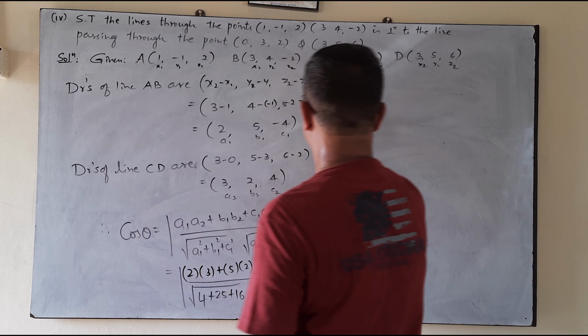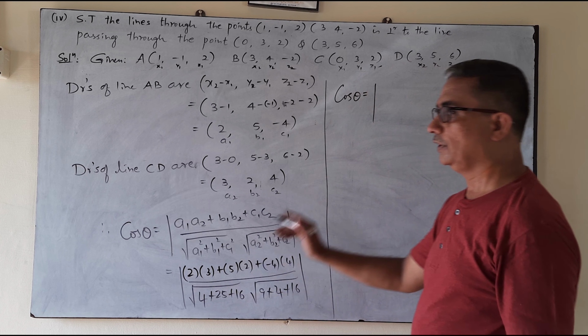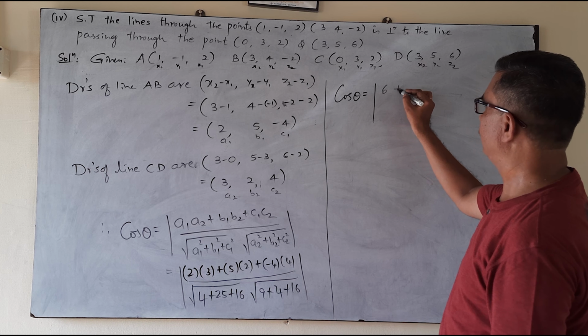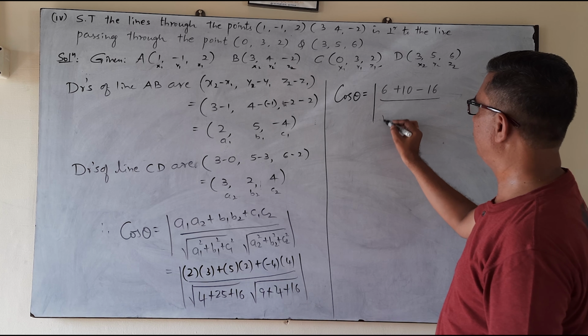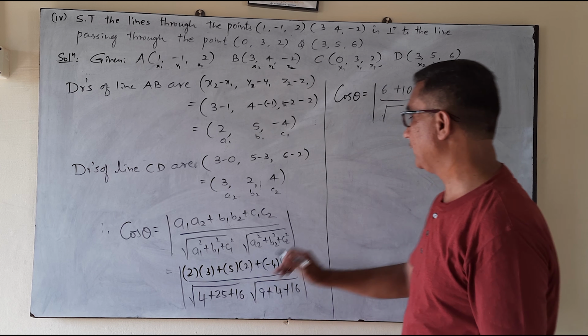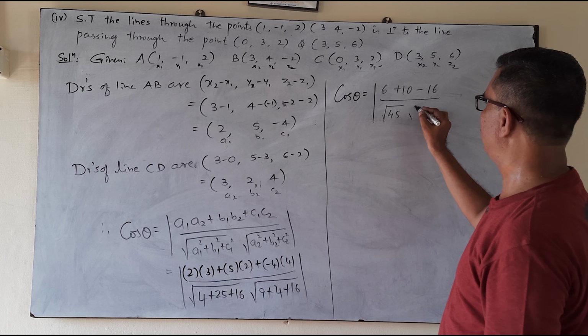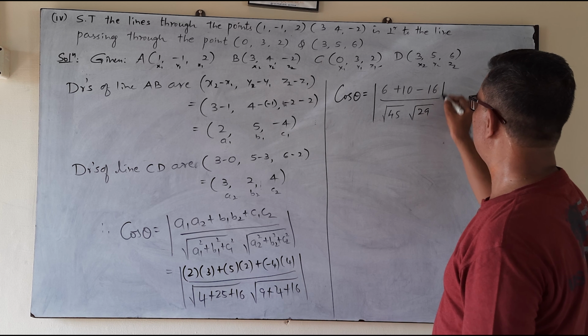Then further simplify. Cos theta is equal to modulus of 2 3s are 6, 5 2s are 10, minus 16, divided by root 25, 16 plus 4, 20 plus 25, 45, into root 16 plus 4, 20 plus 9, 29.